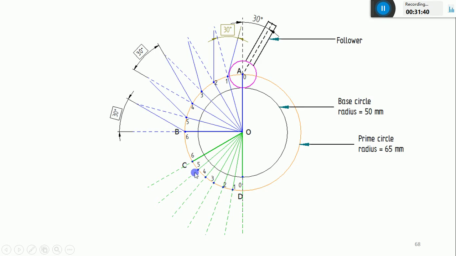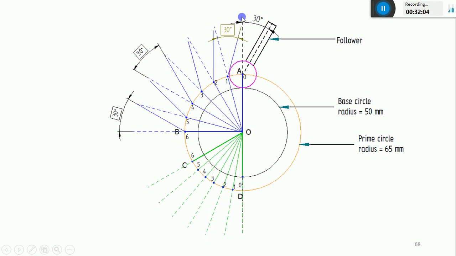Sir, why a 30 degree follower? Because this follower is not vertical, it is making some angle. When you compare the previous problem, the follower was moving in an up and down direction in a vertical manner. But in this case, it is inclined by 30 degrees. It is not straight. This axis is not vertical.